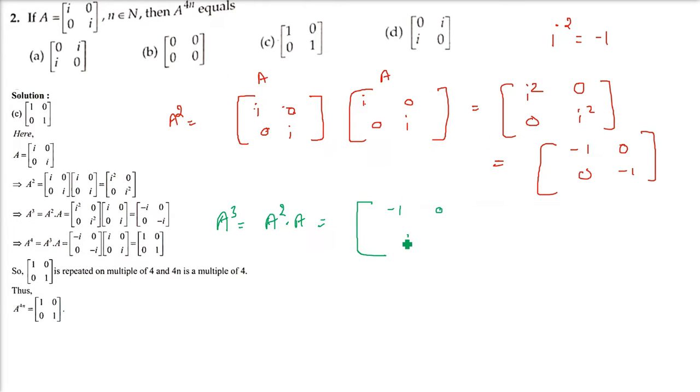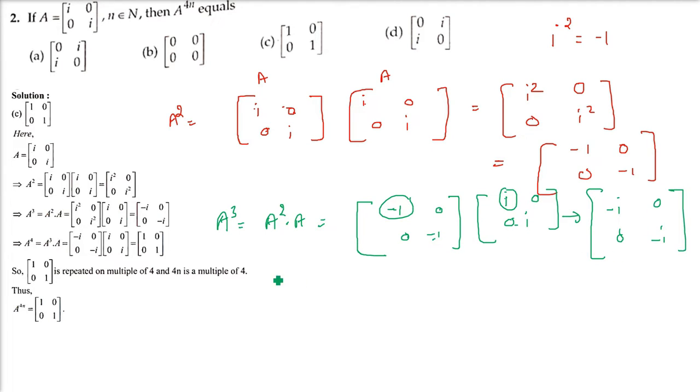So minus 1, 0, 0, minus 1 multiplied with A, that is the original matrix, i 0, 0, i. So now it's very clear what we are going to get. It will be simply i into minus 1, i into minus 1 in the diagonal, and 0 and 0 will give you 0. Here also minus i. We know this because we have already done one part.